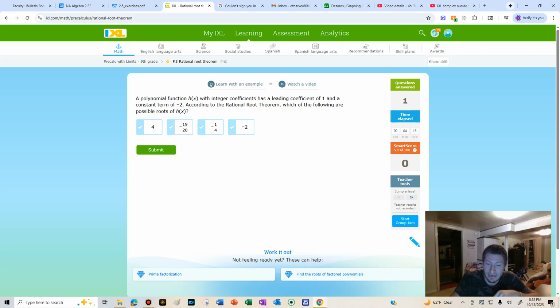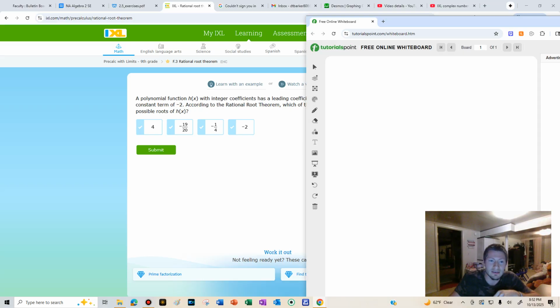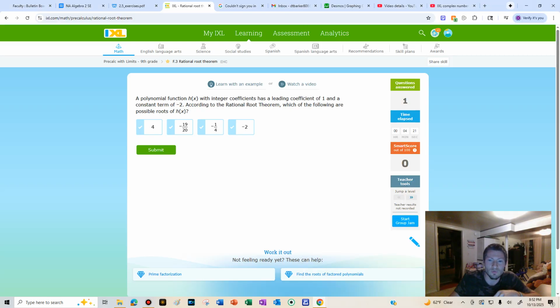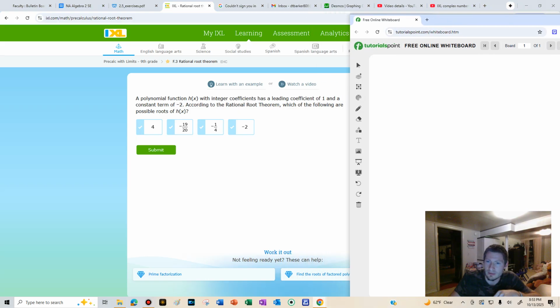We'll do this one more and then we'll do the other assignment. So, for example, here it says the leading coefficient is 1, which would be a.